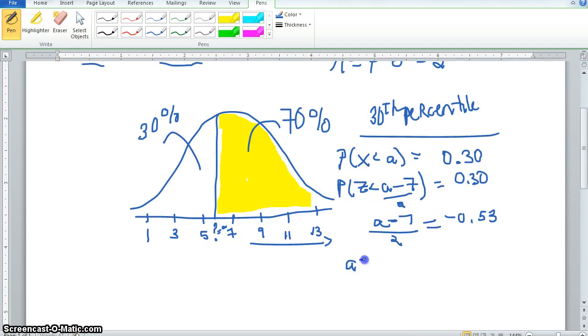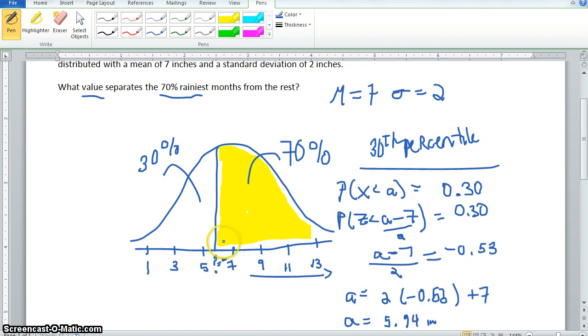So A is equal to 2 times negative 0.53 plus 7. So A is equal to 5.94 inches. So the value that cuts off the lower 30% from the rainiest 70% is simply 5.94 inches.